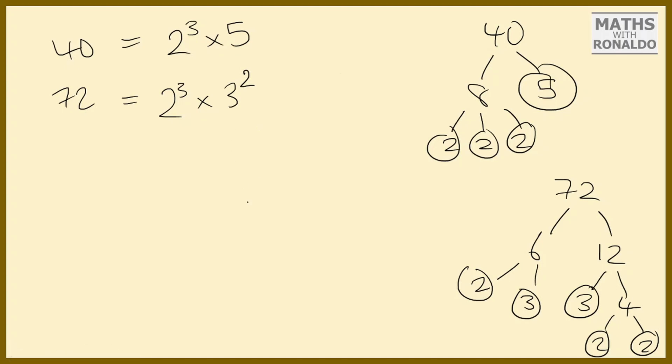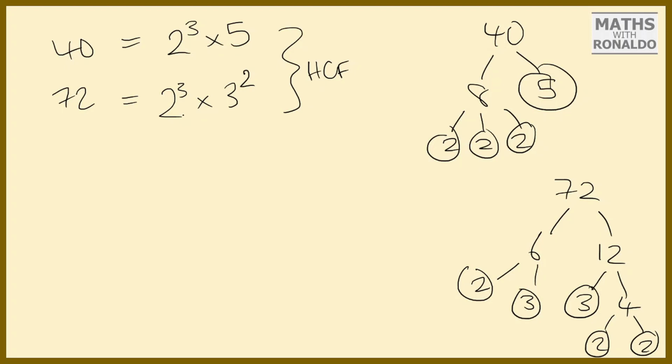The highest common factor between these two is, well, what is the highest power that is prevalent in both numbers? The highest power of a specific base. Well, if we look at 2, we can see that 2 to the power of 3 is in both numbers.